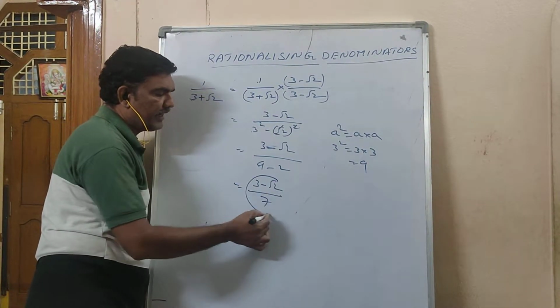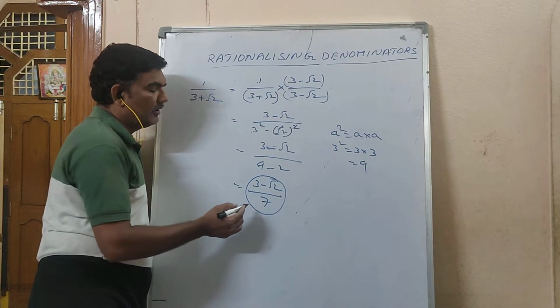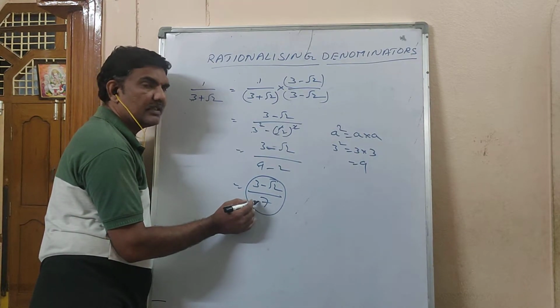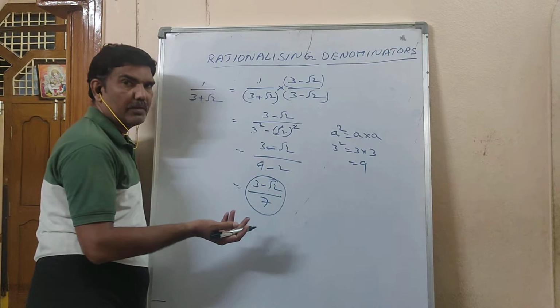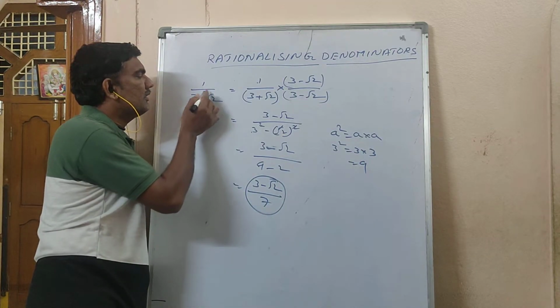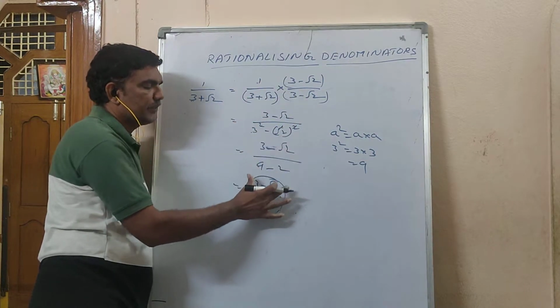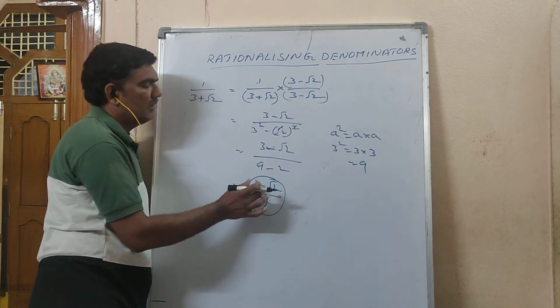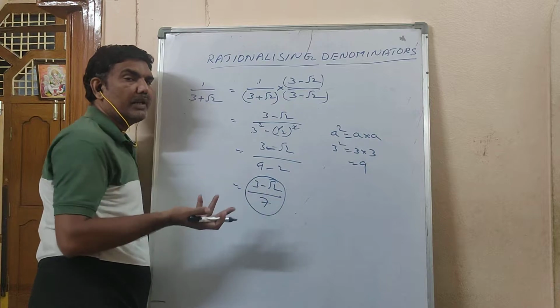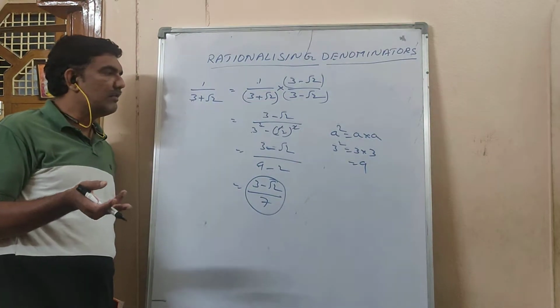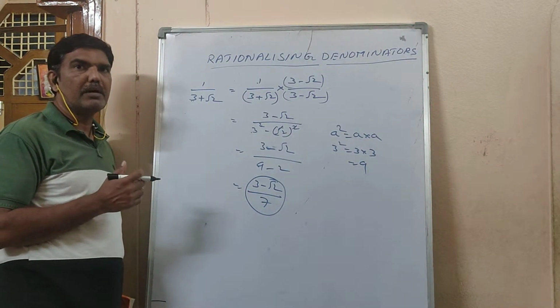So it is a fraction, you got it in the answer. What is there in the denominator? 7. What is 7? A rational number. In the question, 3 plus root 2 is an irrational number. You did some steps. In the answer, the denominator, what did you do? You rationalized, which means you converted it into a rational number.